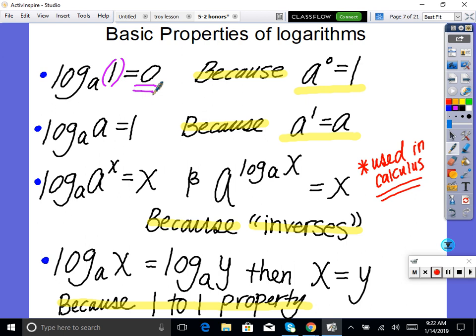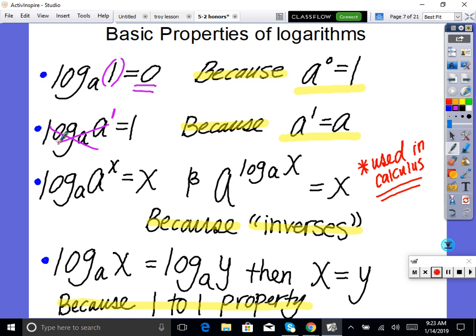Log base a of a will always simplify to be 1. That's because isn't a to the first power a? Honestly, it's a lot easier for me to think of this as log base a of a to the first. Don't logs and bases undo each other? So 1 is what it would simplify to. Agree? It's a lot easier to think about that way.